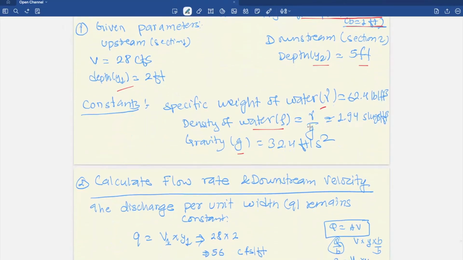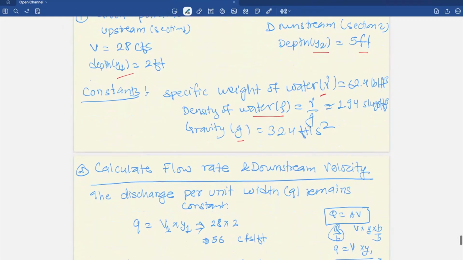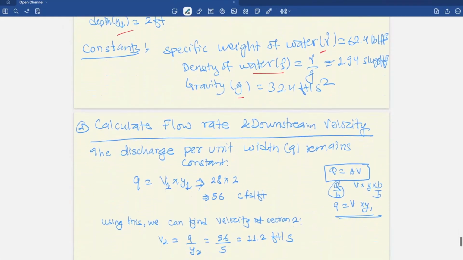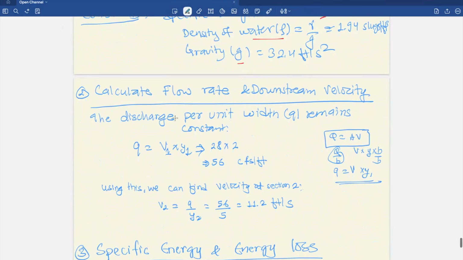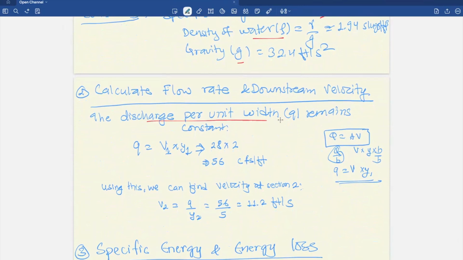So first let us compute the flow rate and downstream velocity. The discharge per unit width remains constant. So our Q will be equal to V1 times Y1, equal to 28 times 2, which will be equal to 56 cfs per foot. I have done this because of the continuity equation.